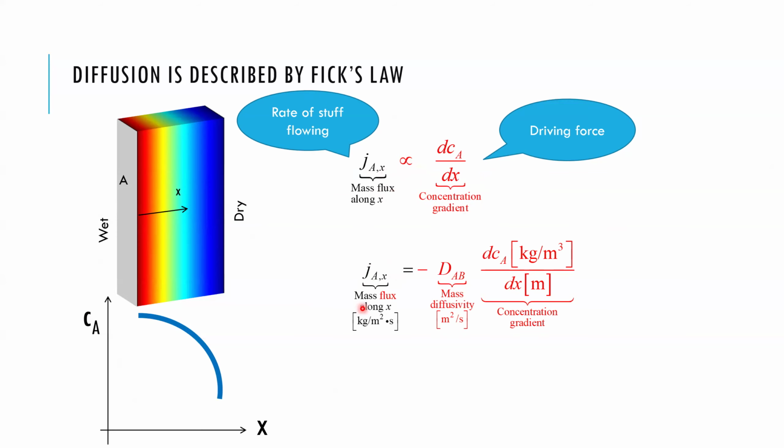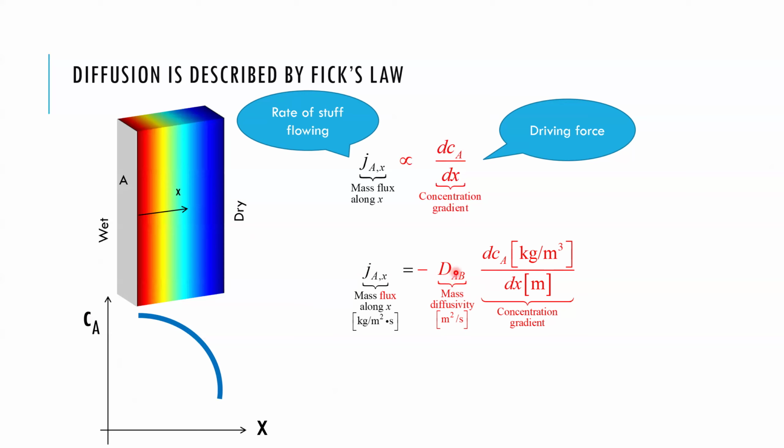So mass flux is equal to minus D_AB, or mass diffusivity. So what is AB? A is the stuff that is moving, like I keep saying vapor, and B is the solid. So here we say vapor is moving through the solid, and D_AB is the mass diffusivity.